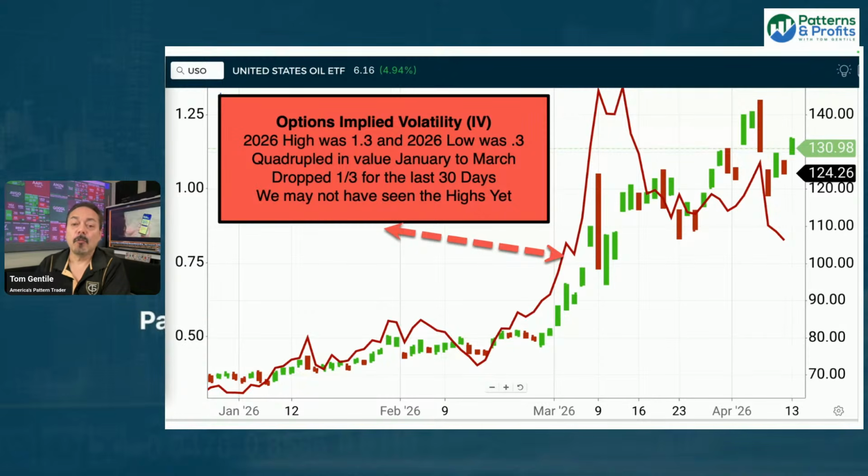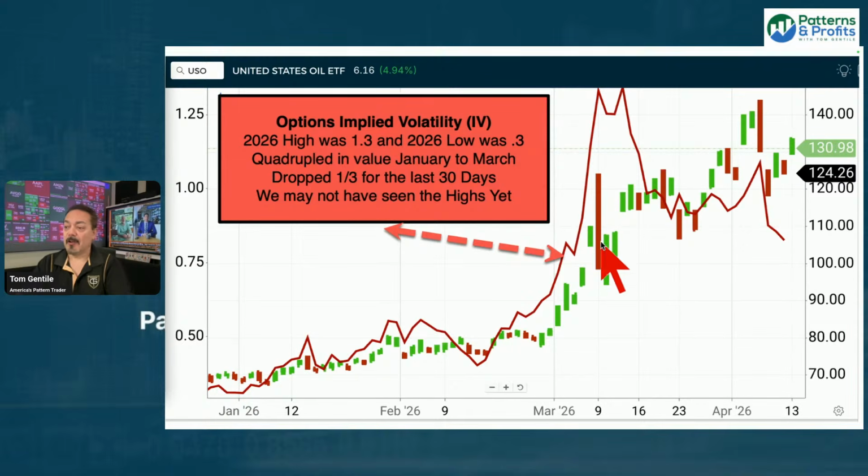Now I want to show you what this looks like in terms of options, because you might think, wow, if I bought options back here in January, they'd be worth a heck of a lot more today, especially if I bought options on the day we had this big jump up. USO was trading between 100 and 124 on those days.